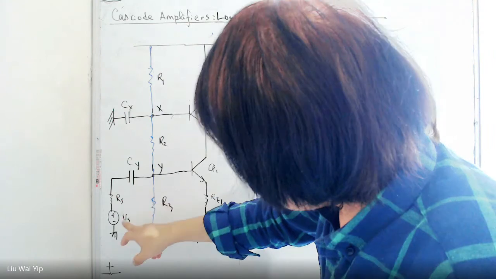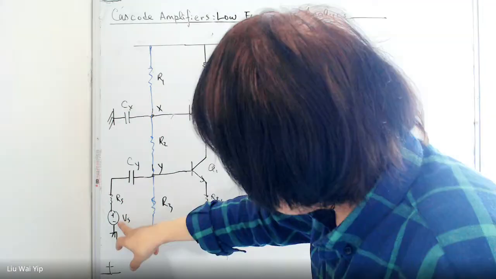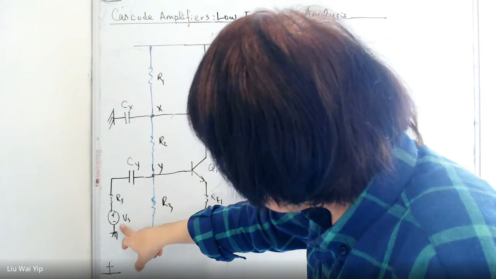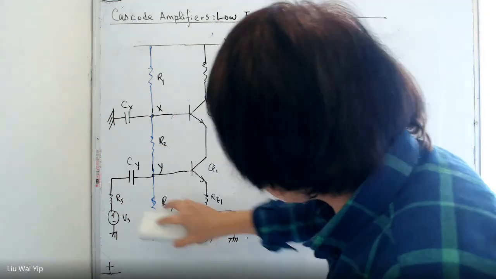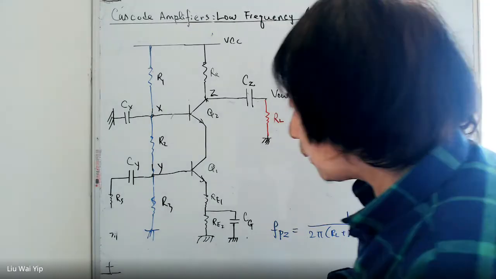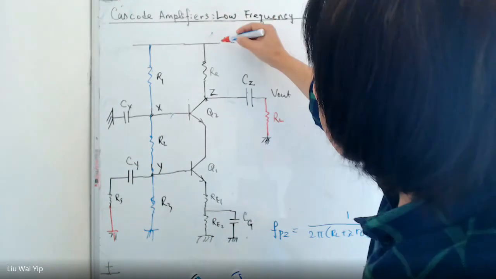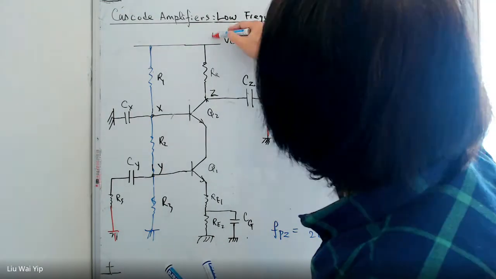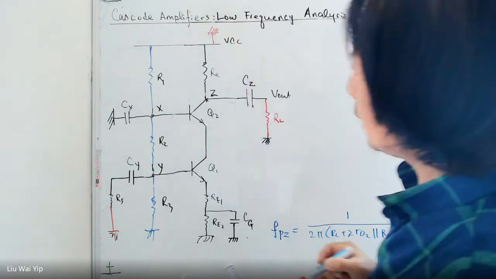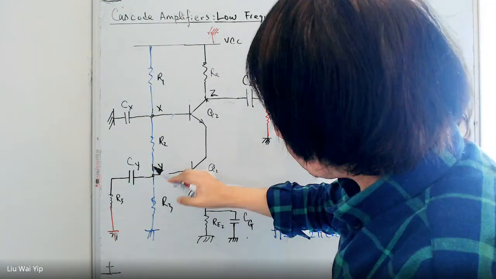So the first thing that we need is to treat the independent voltage source here as ground, a short circuit. So we do this first, just to make sure we don't have any contact. And here VCC is connected to AC ground. Then everything becomes much easier.